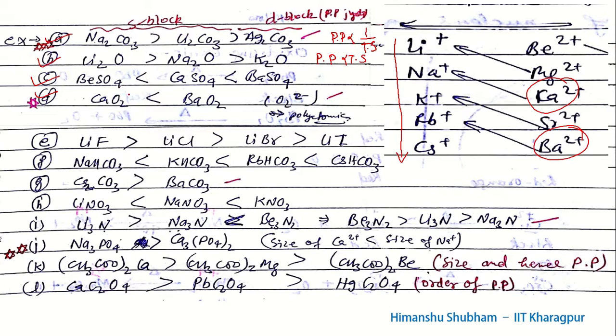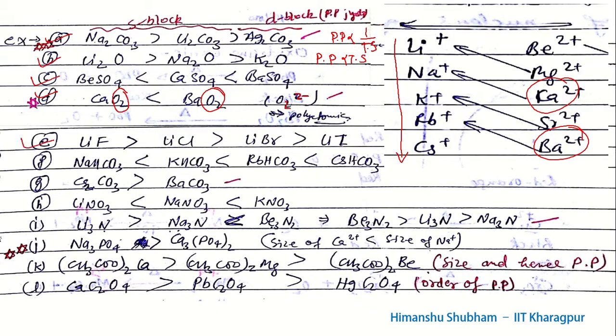Also, it's a tricky one, we can sometimes get deceived that this is the case of monoatomic anion, but in fact this is the case of a diatomic anion, where the anion involved is O2 2 minus. So we will use the relationship that polarizing power is inversely proportional to thermal stability. We are talking about the polarizing power of Ba and Ca. Since Ba is down the group, its polarizing power is less, so its thermal stability will be greater.